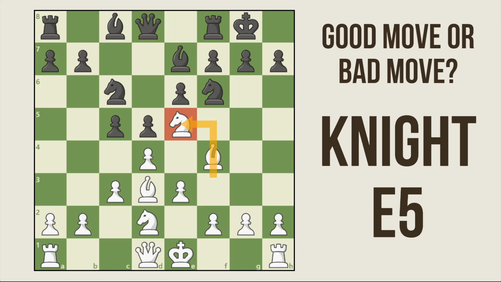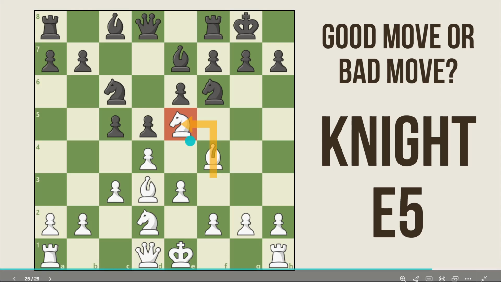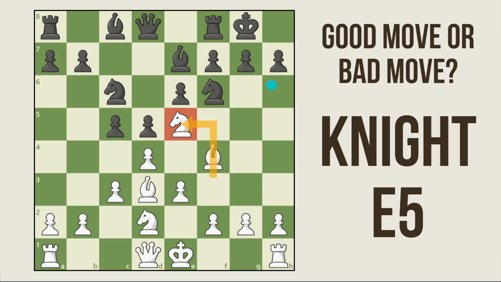Okay. How come? Yeah, exactly. So this is kind of a similar position to what I showed you last time as well. So remember that the long-term plan of the London was to get this queen active towards this side of the board. So bringing the knight into the center of the board allows the queen to get in here, pretty much, right? So it's a good move.